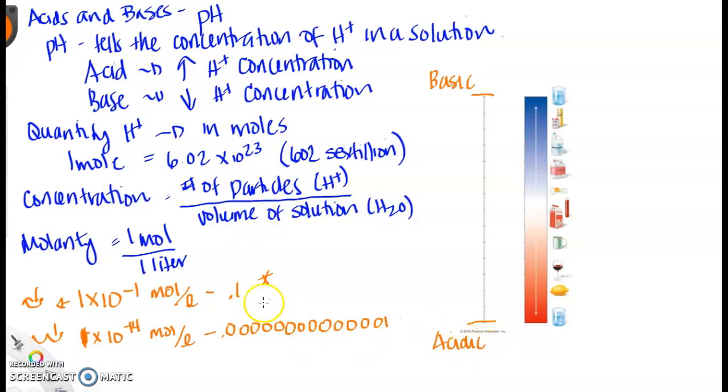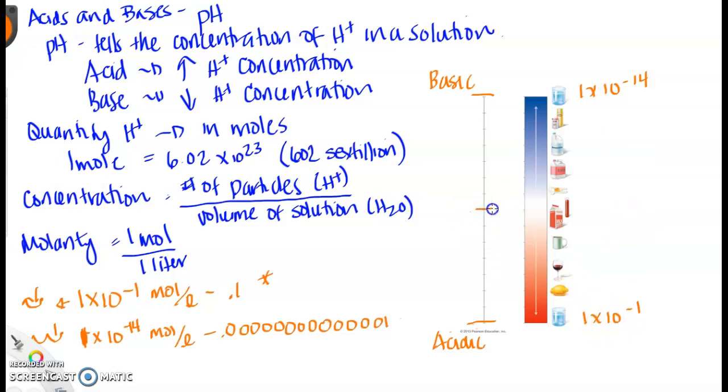So if we put our numbers on the sides that are acidic and basic, the acidic side is going to start at 1 times 10 to the negative 1. And up here is going to be 1 times 10 to the negative 14 because it's going to be the least basic. So on this pH scale, the way it is numbered is going to be based on the exponents here, just to make things easy.